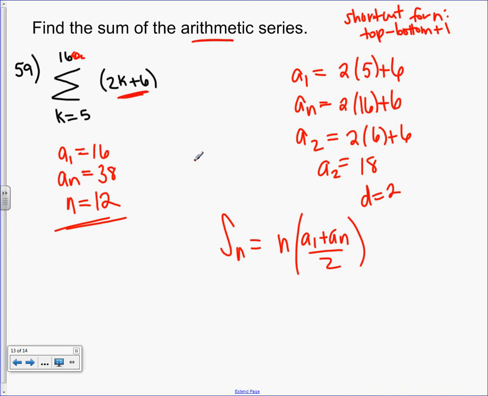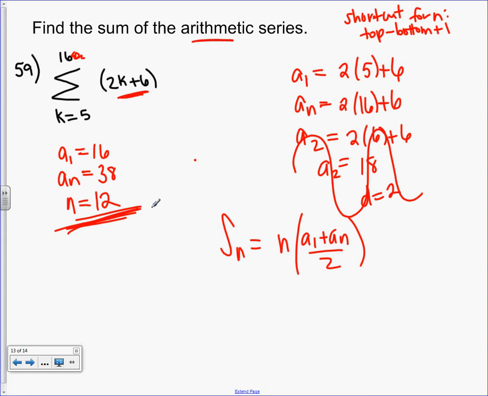I was saying if you wanted to find the second term, you could plug in, instead of a 5, that's the first term, you could plug in a 6. So 2 times 6 plus 6. You didn't have to do any of this. We could have stopped right here. I was just showing you extra information in case you ever need it. I don't remember what kind of questions we have, so I wanted to show you everything. Okay? So we could have stopped after n is 12, which you guys seem to be fine with up till there.